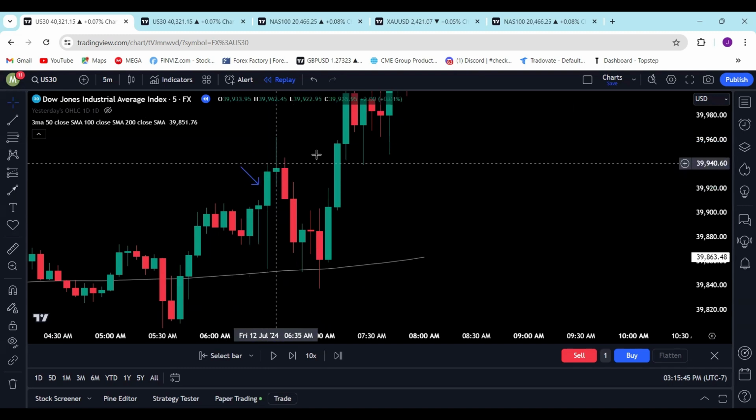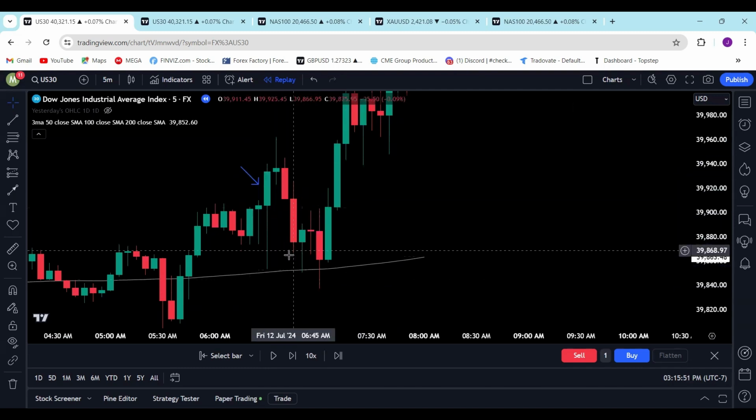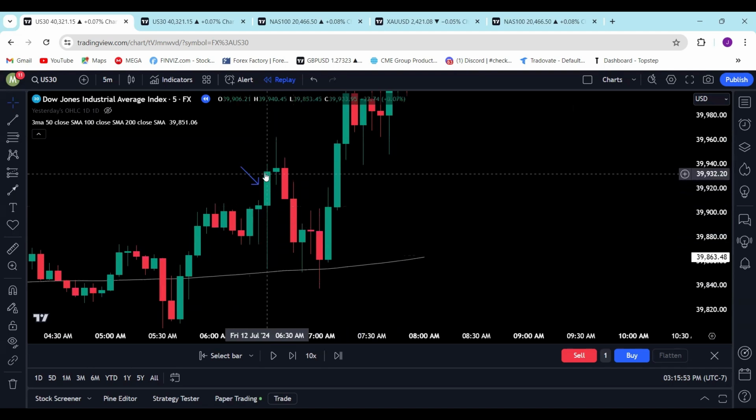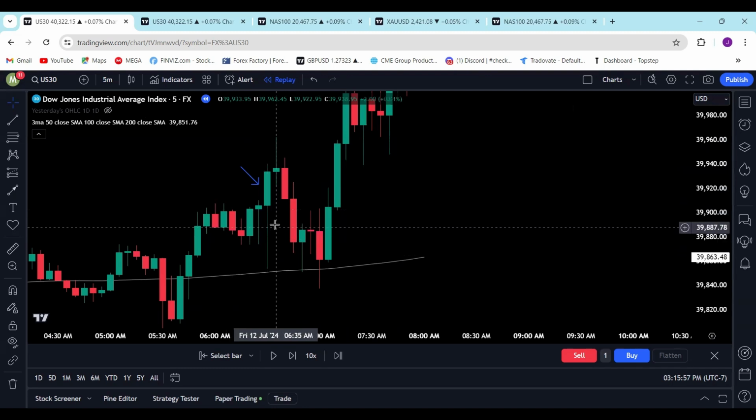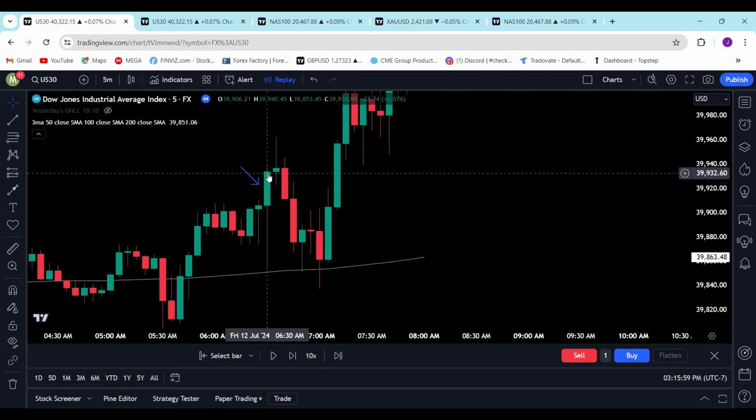A lot of you guys might be like, well, what is this little line here that I see? They're called wicks, guys. So this is a candlestick, and these lines are called wicks. Well, you may say, why is this little rectangle box here closed? Well, that's where price closed, guys.